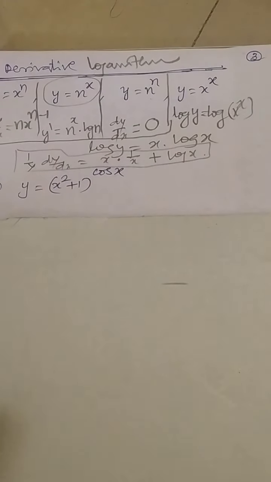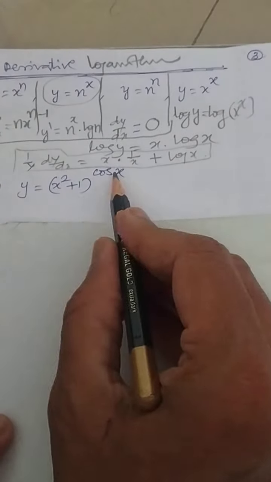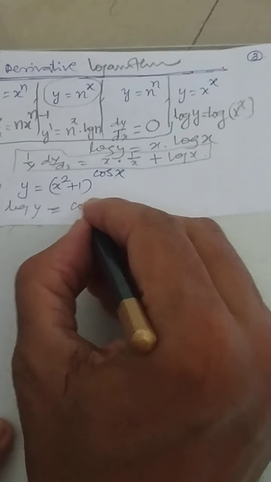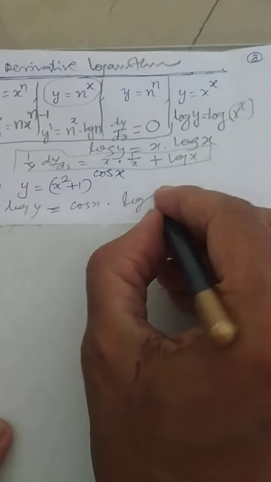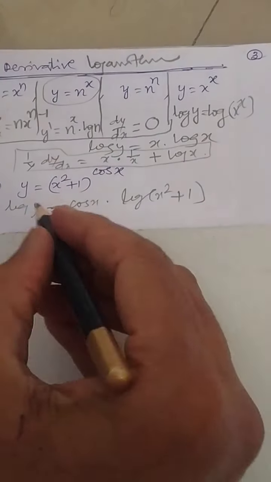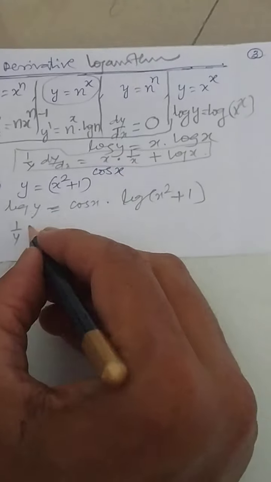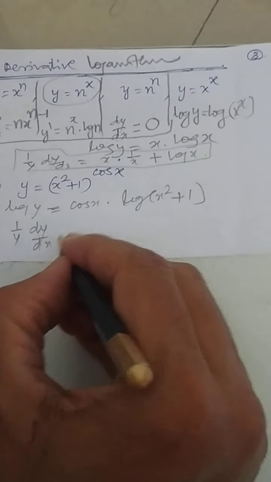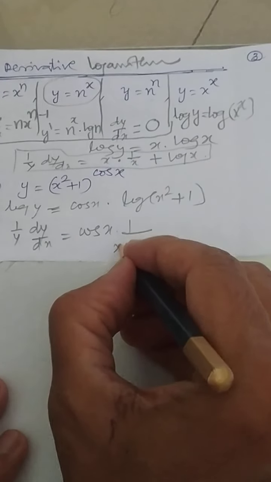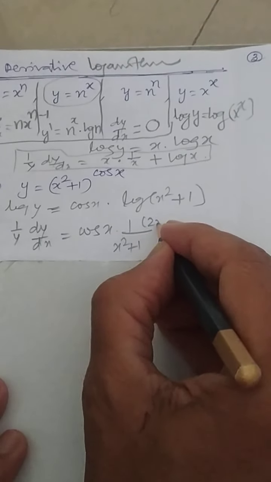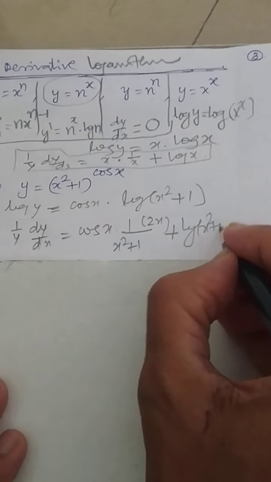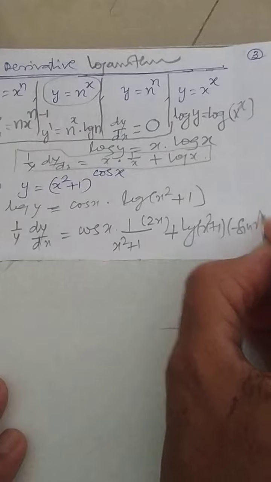Look at the next question. This is also variable raised to power variable. Take log of both sides. Log y is nothing but cos x into log of x square plus 1. Now your differentiation is routine differentiation. It will be 1 by y dy by dx will be equal to cos x into 1 upon x square plus 1 into 2x, plus log of x square plus 1 into minus sin x.